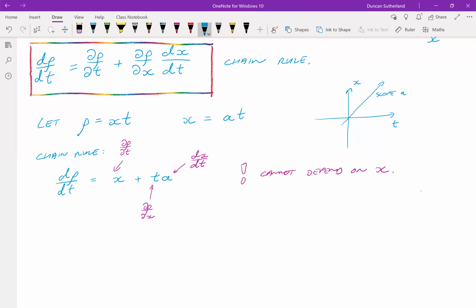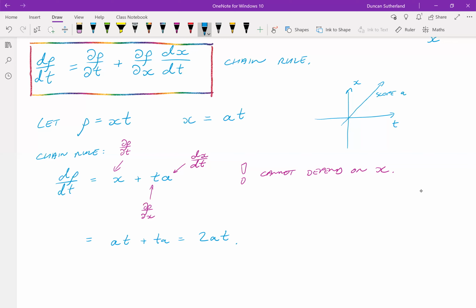And we do that by substitution. We know x in terms of t, so we merely substitute. So we find the very simple expression d rho dt equals 2at.